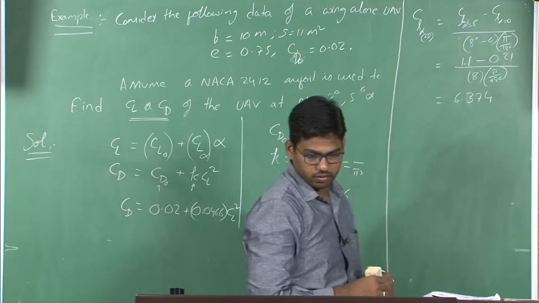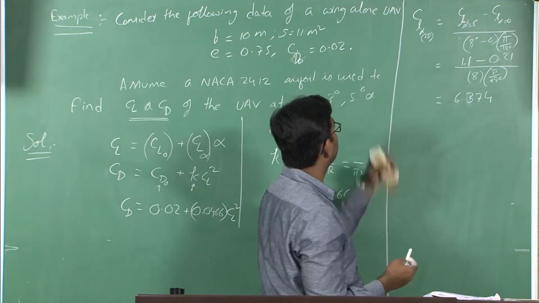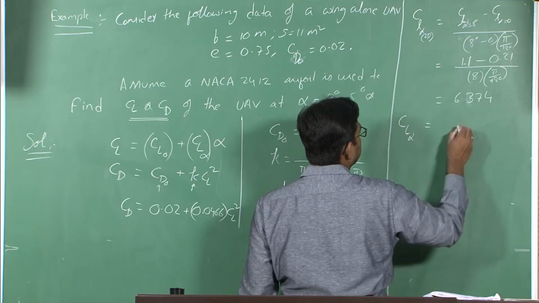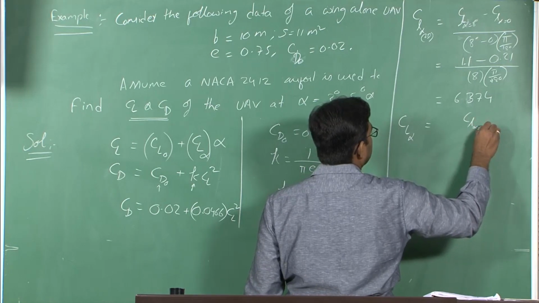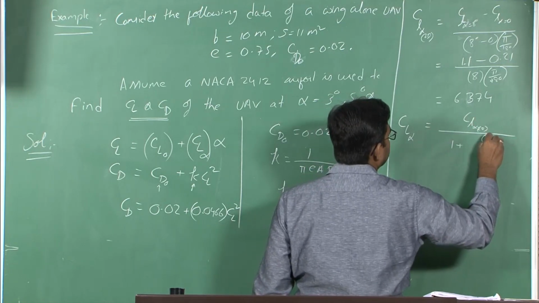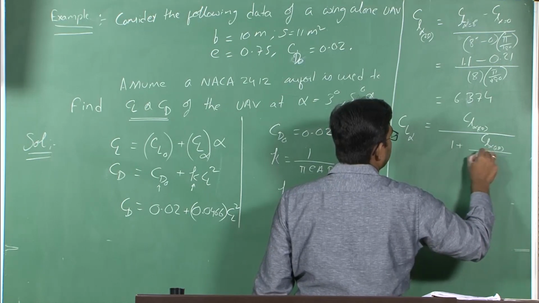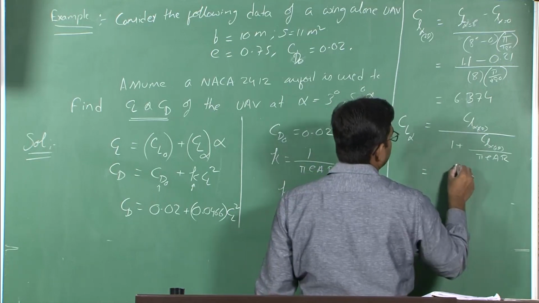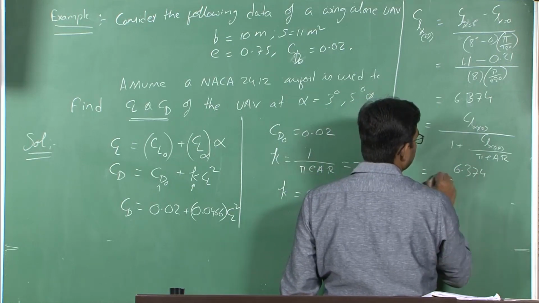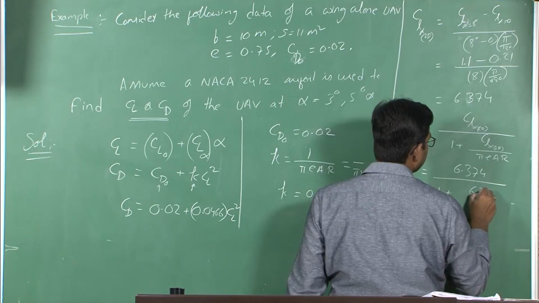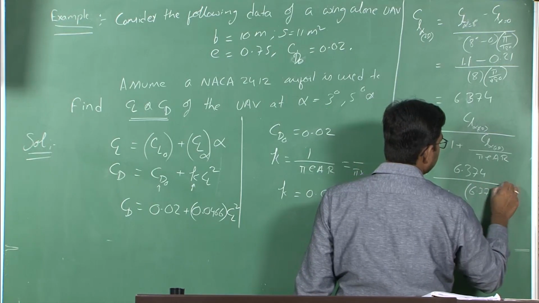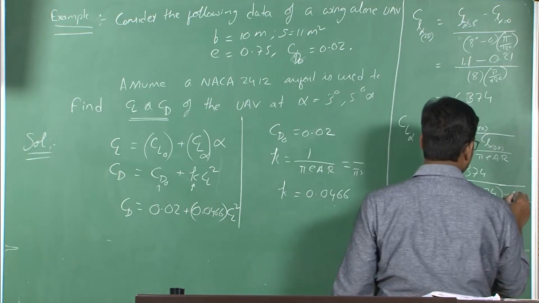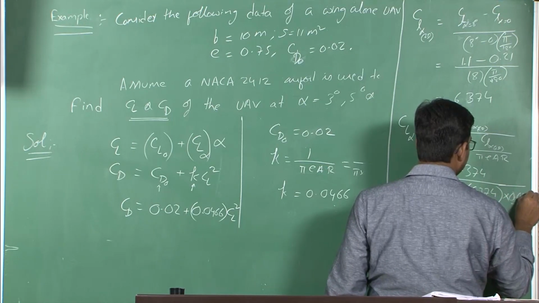Once you have CL alpha 2D, you can find out CL alpha 3D. CL alpha of this wing equals CL alpha 2D divided by 1 plus CL alpha 2D into 1 by pi E AR, right. 6.374 divided by 1 plus 6.374 into 0.0466.